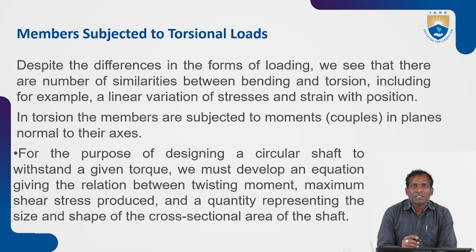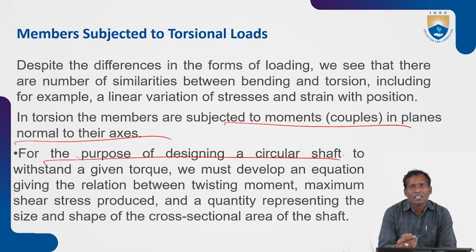So despite the differences in the forms of loading, we see that there are a number of similarities between bending and torsion, including, for example, a linear variation of stresses and strain with the position. So here in this case, in torsion, the members are subjected to moments or couples in planes normal to their axis. For the purpose of designing a circular shaft to withstand a given torque, we must develop an equation for designing a circular shaft.